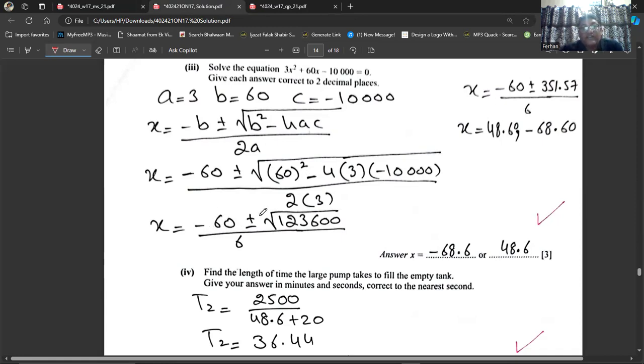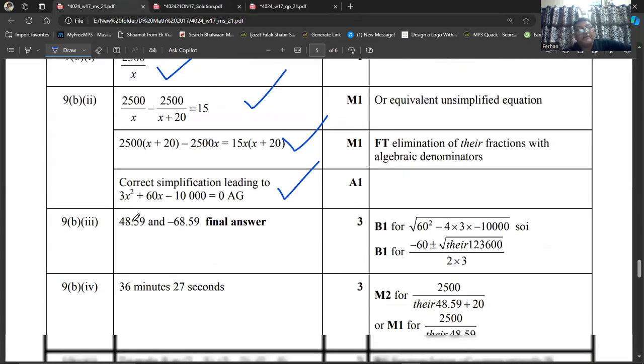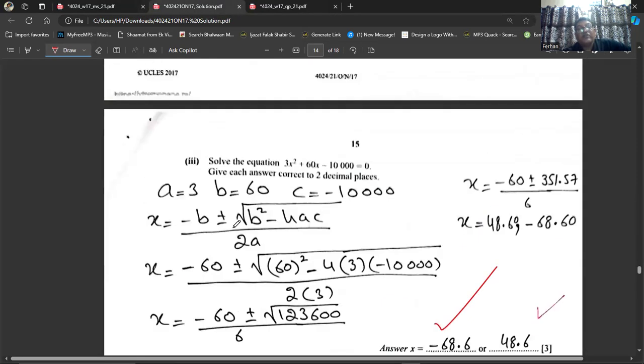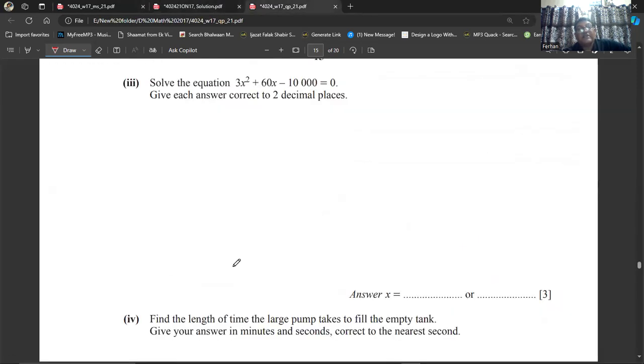I will take the square root of this, so you will have minus 60 plus or minus 351.57, so it will be either 48.6 or minus 68.6, sorry, but this one will be negative. So our answers are right. Hopefully you understand how we have done it. There was a little confusion.